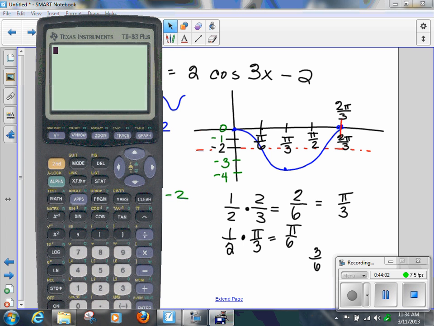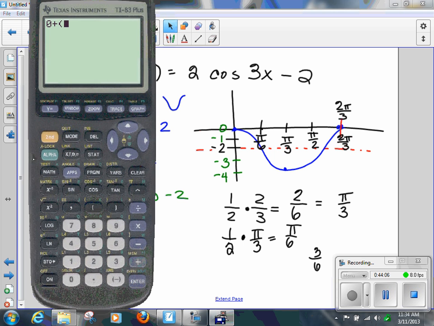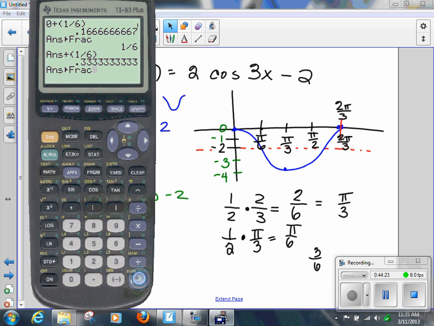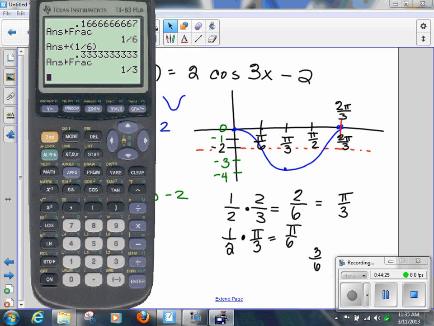All right, here we go. Take 0 plus 1/6. Math frac. We get 1/6, right? 1/6 plus how much? What's my increment? 1/6. Math frac. Okay, I got 1/3.